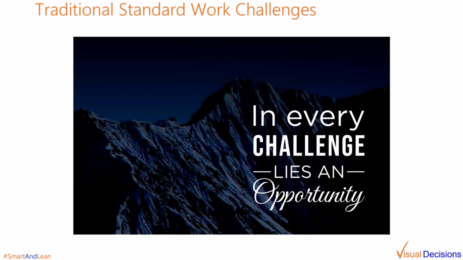So even though standard work is a core lean principle, its traditional implementation often faces challenges. The paper-based work instructions are difficult to update across teams and locations, so they are static and difficult to change as frequently as they need to be. There's a lack of real-time visibility, so compliance with standard work relies on manual audits, which can be time-consuming and reactive.